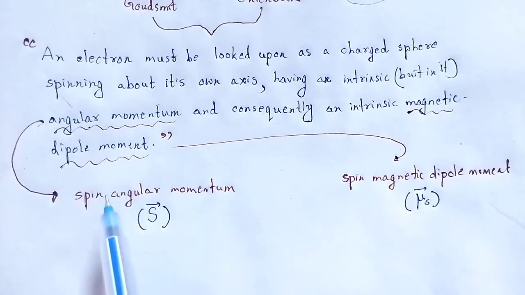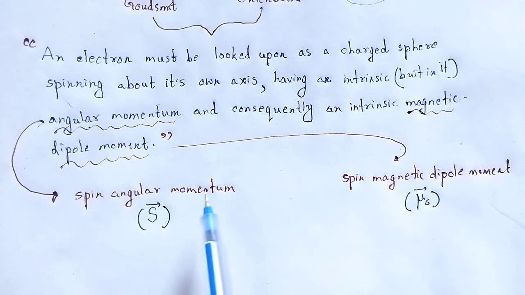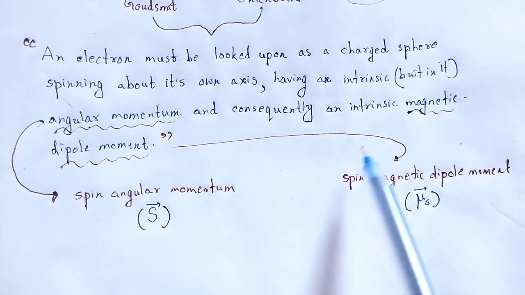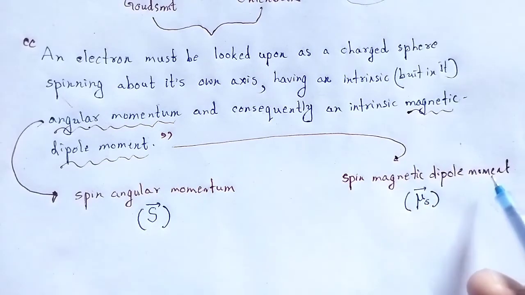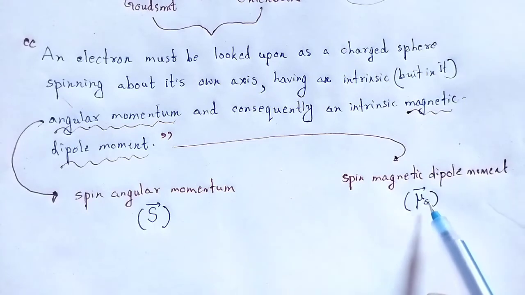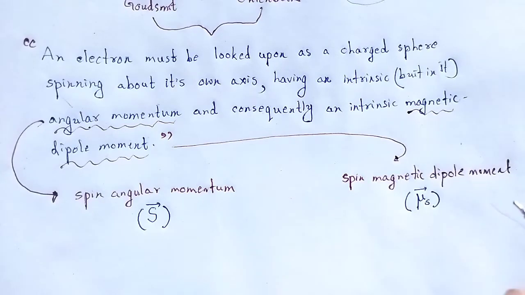Due to angular momentum, it is named spin angular momentum, denoted by S vector, and due to the magnetic dipole moment, it is named spin magnetic dipole moment, denoted by mu s vector. Now, the magnitude of spin angular momentum S is associated with the spin quantum number small s.